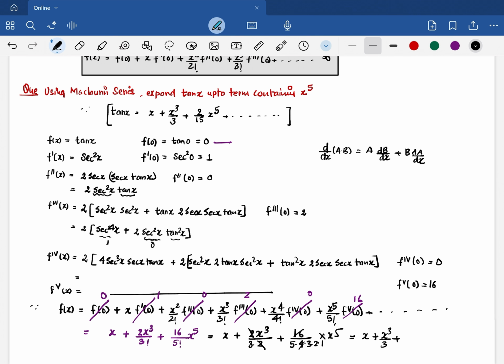If you can see, in the very starting we wrote the expansion of tan x, and again by the Maclaurin series we are getting the same answer, hence our calculation is correct.